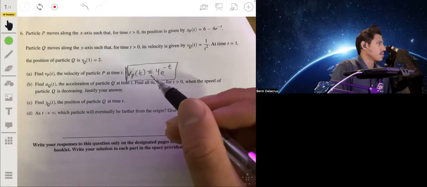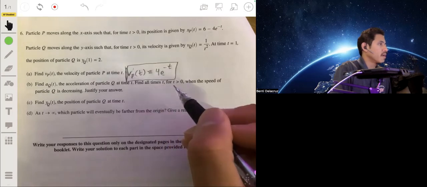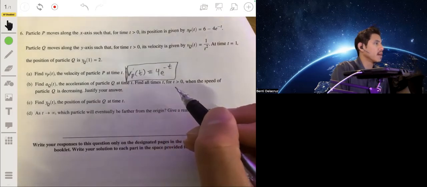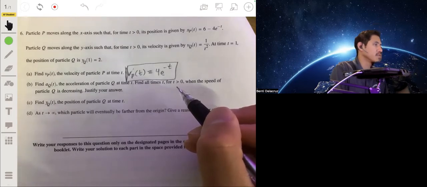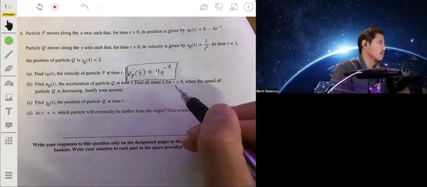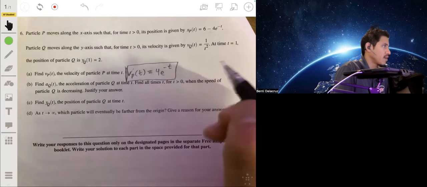Part B, find the acceleration a of t for particle q at time t. Then find all the times when the speed of the particle is decreasing. So all the times where t is greater than 0. Justify your answer. So let's first find the acceleration.